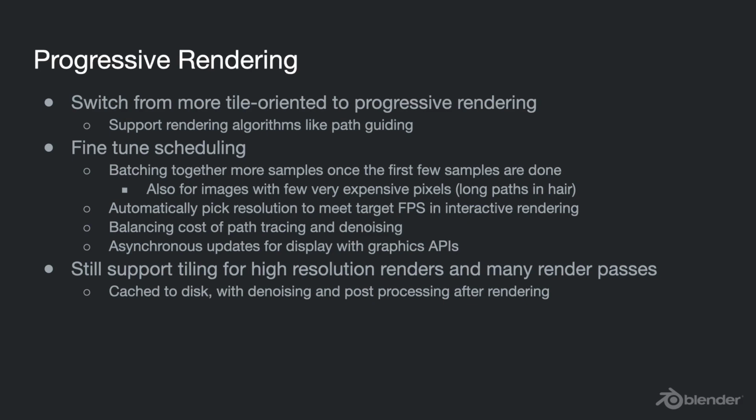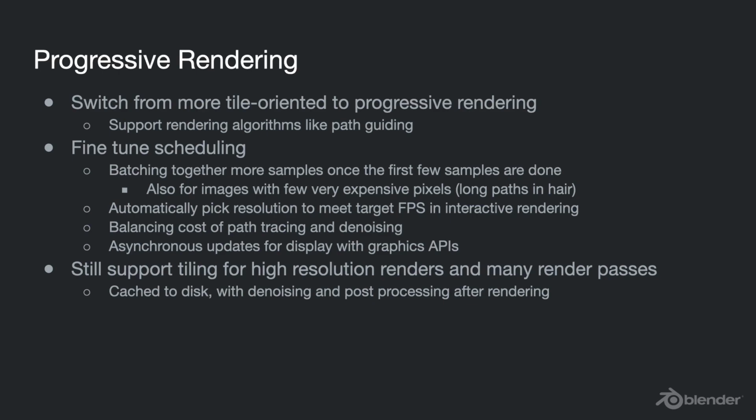And so for that specific case, we actually try to detect it and we check if there's low occupancy, and if so, then we increase the number of samples in each batch even more to try to keep the GPU occupied. For interactive rendering, we also have some heuristics to try to hit a certain target frames per second and adaptively adjust the resolution to that.